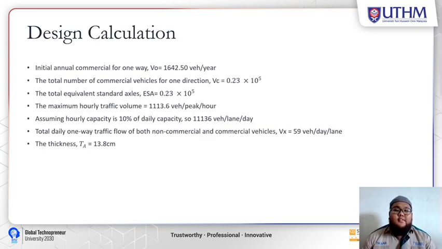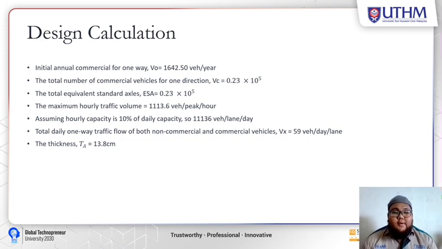Design calculation result. For the initial annual commercial for one way, VO, we got 1642.5 vehicles per year, and the VC we get 0.23 power of 5. The total equivalent standard axle, ESA, is 0.23 power of 5.